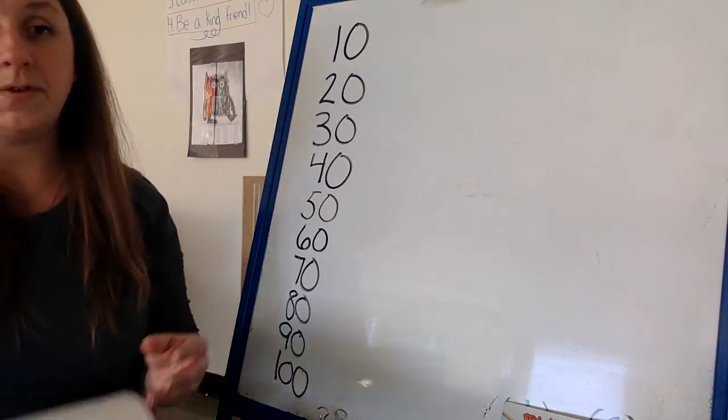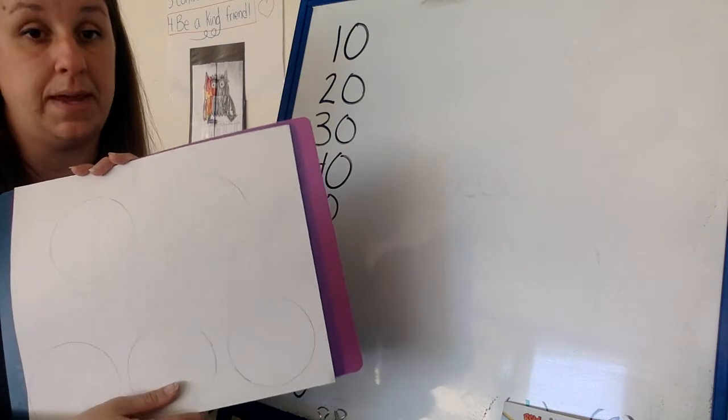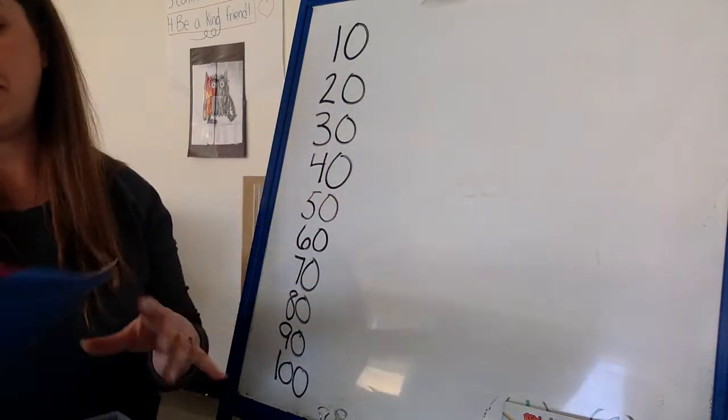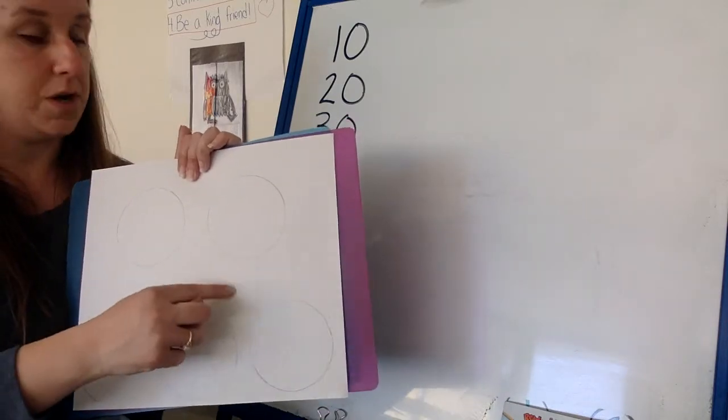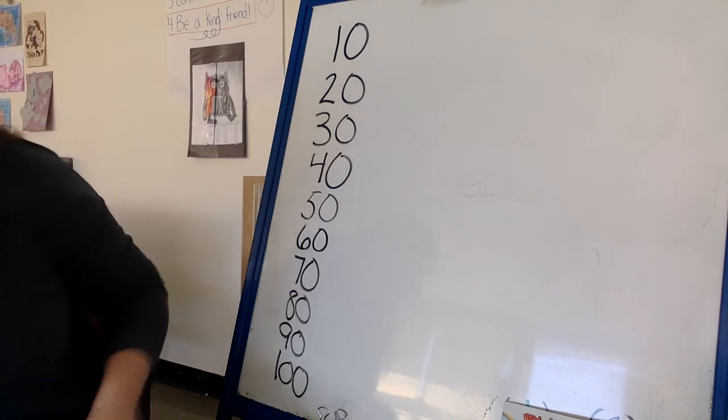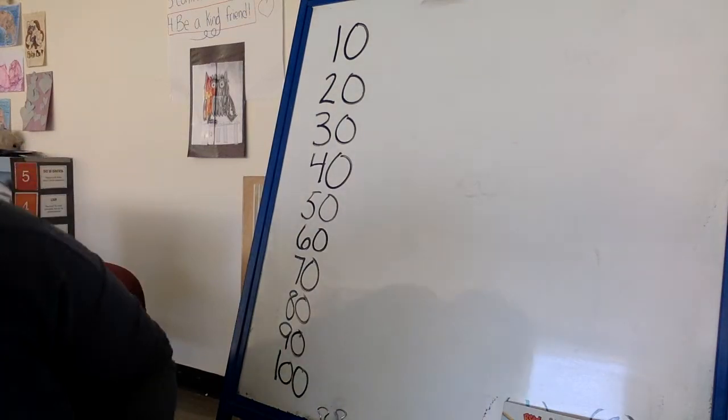That'll give you some practice making groups of 10. And then you could write a big 50 in the middle, so you would know you had 50 objects on your group of 10 counting mat.